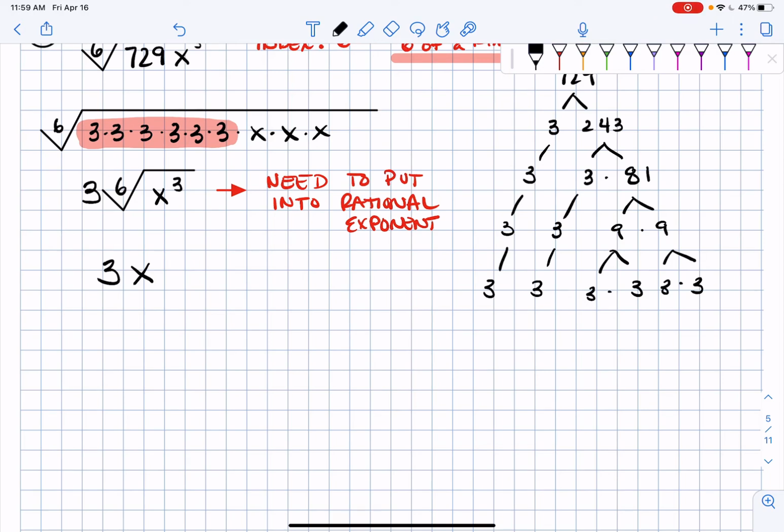So the root is 6, so that's below the grass, and the 3 is a power, so that's above the grass, is where the sun is. So what does that give me? That gives me 3x to the 1/2, because 3/6 can reduce down to 1/2, so that's going to be choice C.